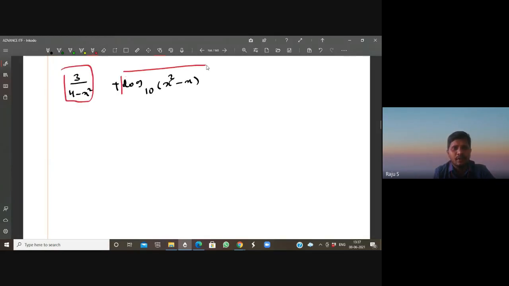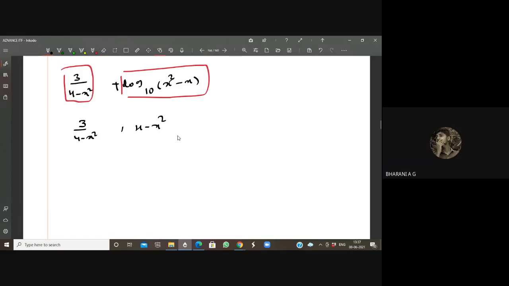When does 3 by 4 minus x square exist? When this function exists, 4 minus x square must be greater than 0, lesser than 0, equal to 0, or not equal to 0? Greater than 0.